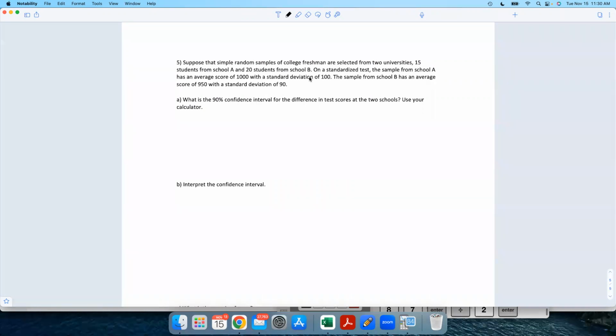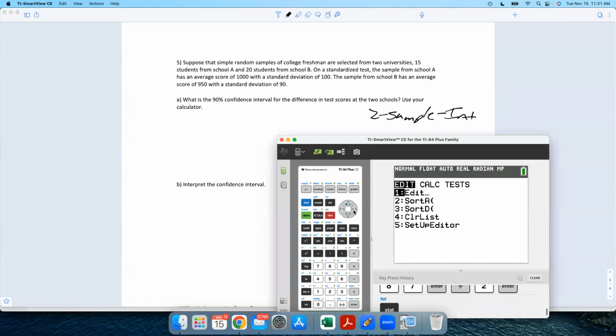This is a 2-sample confidence interval. That's going to be button 0 on the calculator. So if we look here for the test, 2-sample T interval.